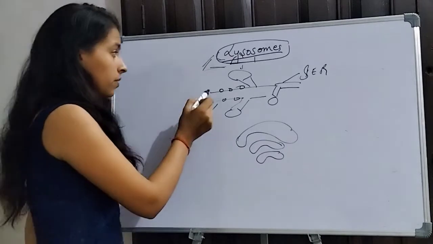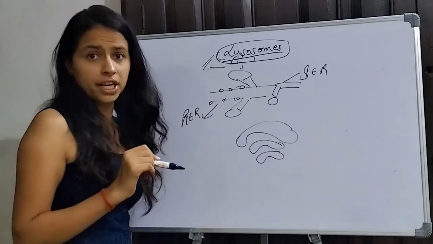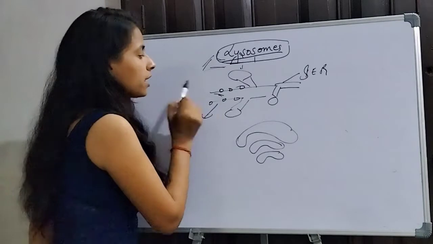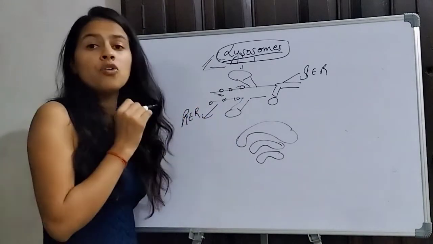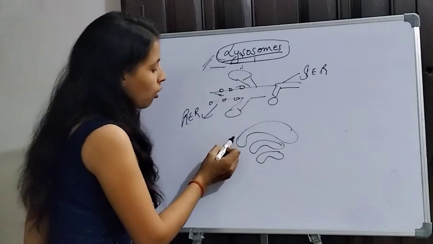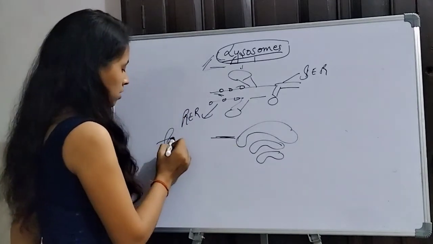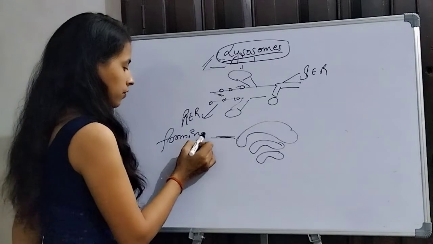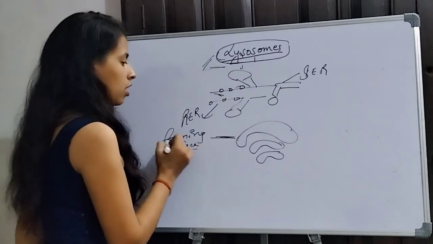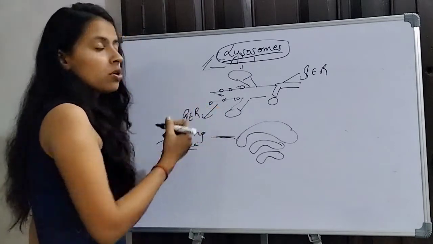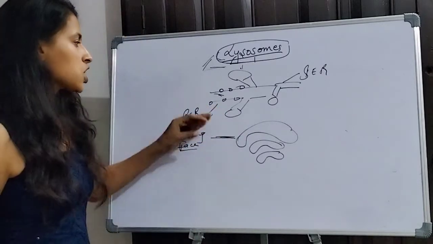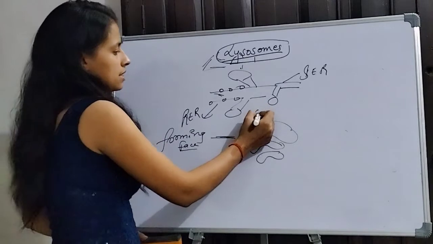When the precursors of hydrolytic enzymes are first formed in the rough endoplasmic reticulum, they are transferred into the forming phase of the Golgi apparatus.